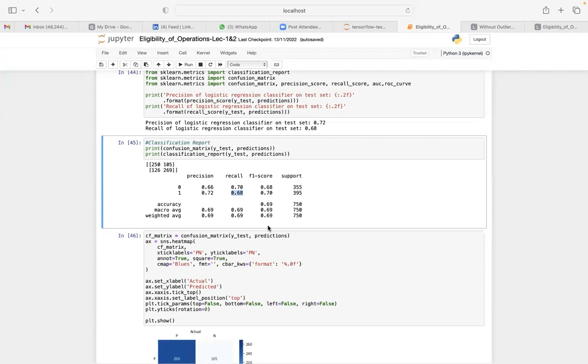Yeah, of course. So it says that in case of recall, 0.68 says that in cases where operation should have happened, like one, the eligibility criteria of the patient, if the patient is allowed to get operated, that means it's true and zero is false.